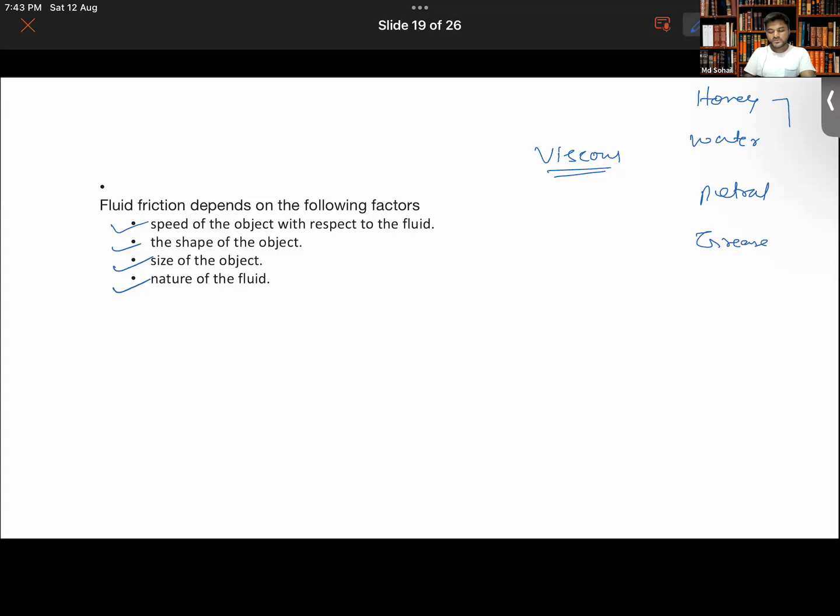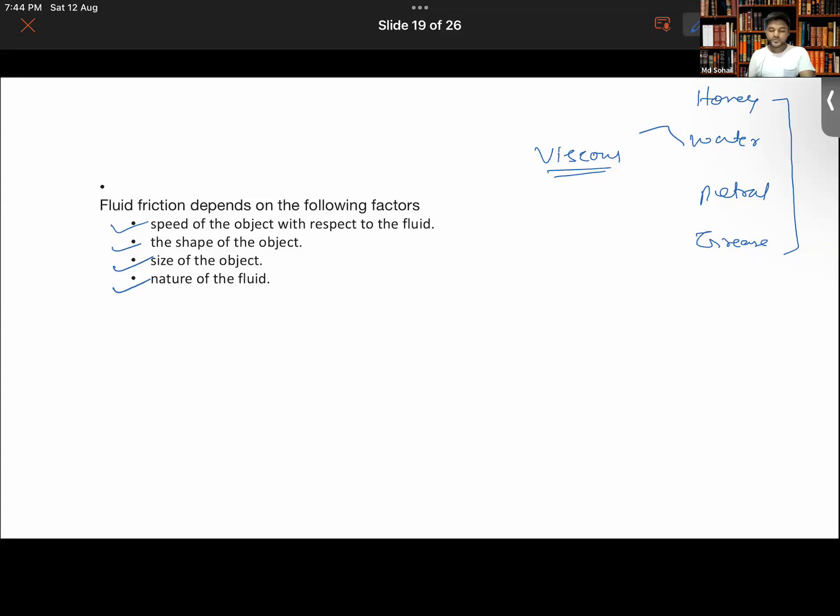These are all fluids, but the viscosity in them is different. If you were to pour all these substances at the same time on the ground, they would spread and acquire different areas. Honey and grease are more viscous than petrol. What is the most viscous liquid here? That will also determine the fluid friction.